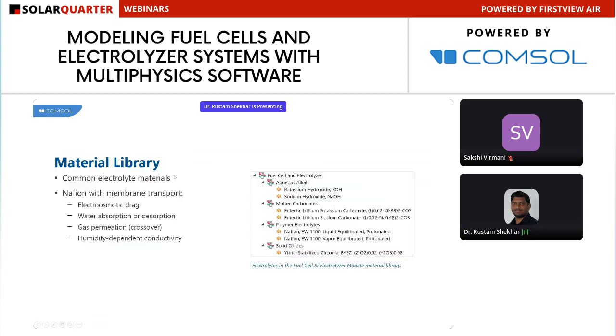So we added the thermodynamic properties, and in some cases you may require the material information. For all popular fuel cells, we have a database for the membrane. In aqueous alkali, you have potassium hydroxide and sodium hydroxide, and for molten carbonate, you have lithium potassium carbonate and lithium sodium carbonate.